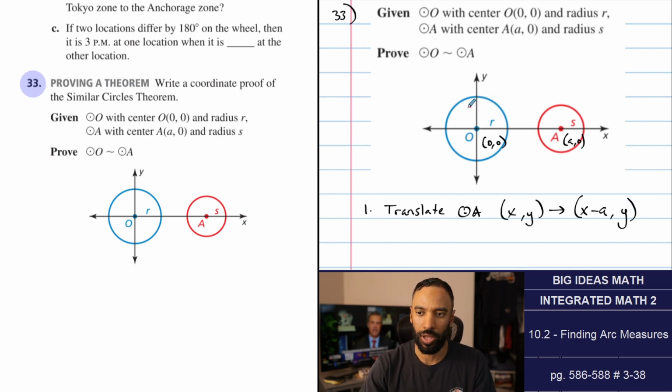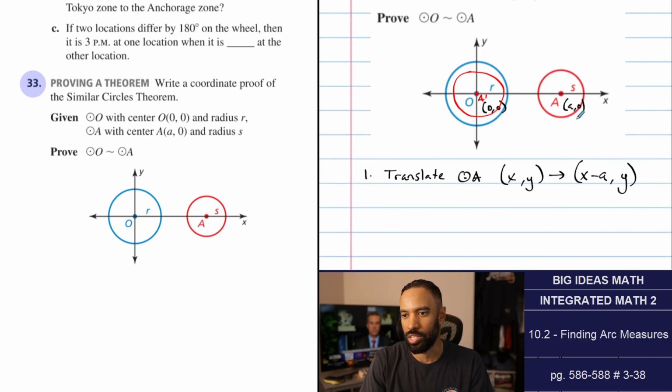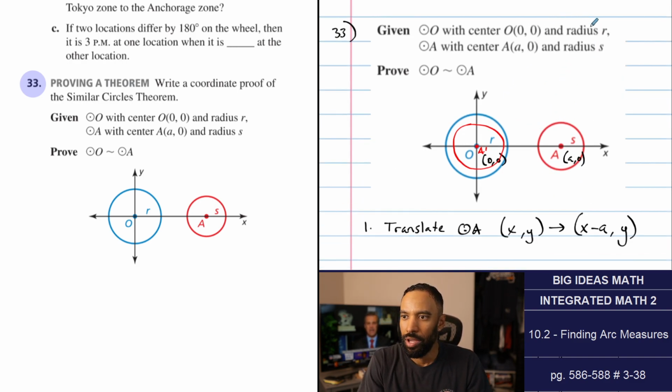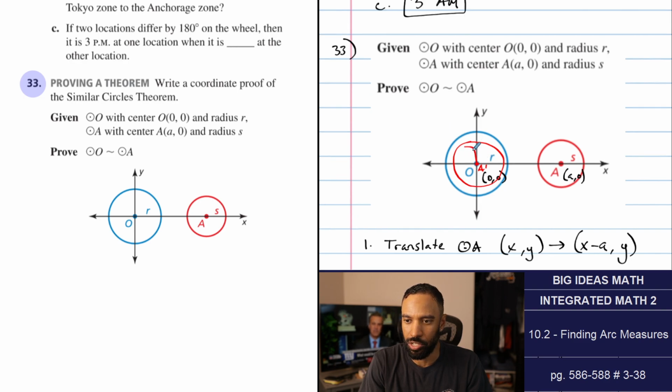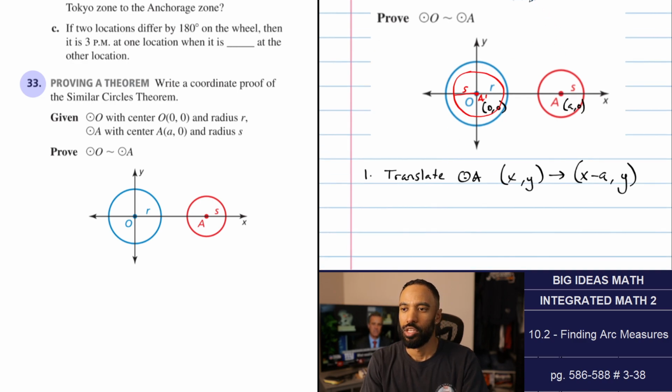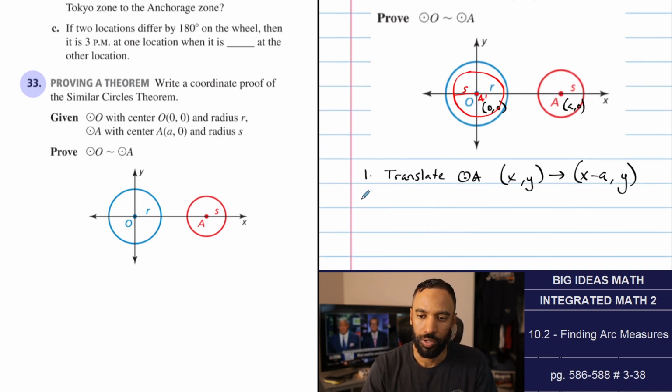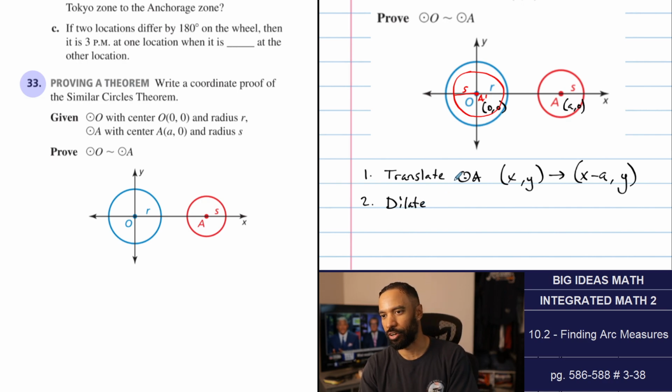So now my circle A would look like this, and it's at 0, 0. I guess we call it A prime, right? That's what they say for those things. Now, one has a radius R, the other has a radius S. This one has a radius S on circle A. So I can put that S right there compared to the R. So step 2, we will dilate. I'm not very good at saying these things.